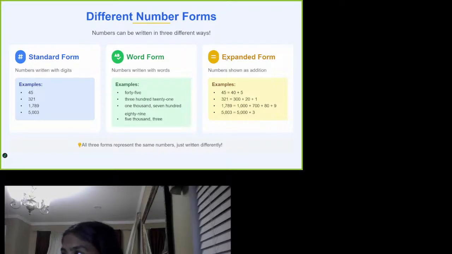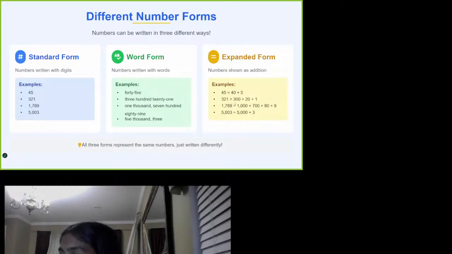Now moving on, there's expanded form, which shows the place values while they're being added to make the number. For example, there's 45 as the sum, and then we can see the equation, which shows 40 plus 5, which equals 45.